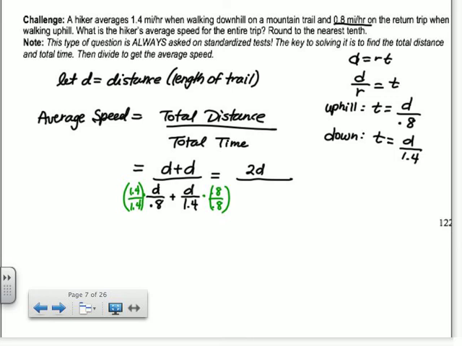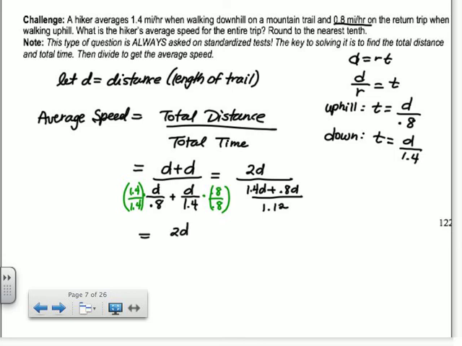Okay, so I have 1.4d plus 0.8d, and then they're both going to be over the same denominator. So someone do 1.4 times 0.8 for me. Daniel, you on it? 1.12.